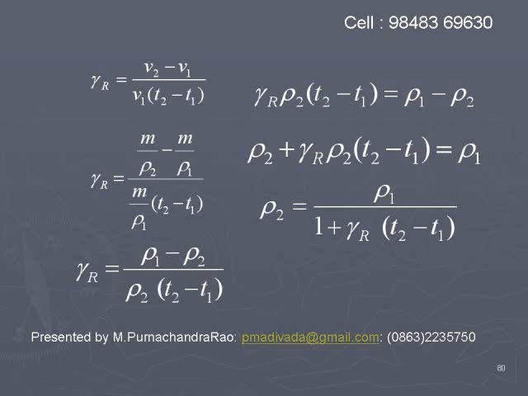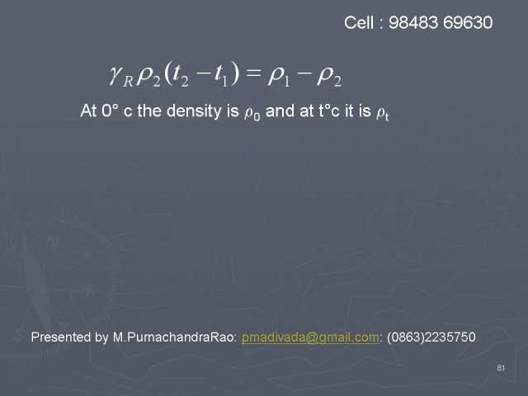Therefore, rho 2 is equal to rho 1 divided by 1 plus gamma r into (T2 minus T1).